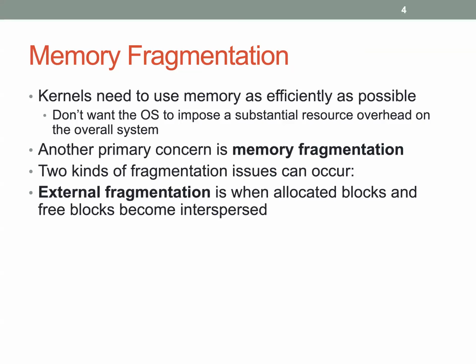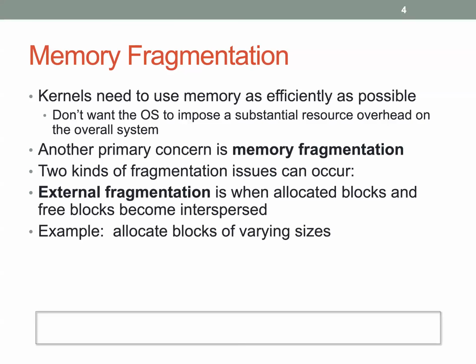So you get allocated and free blocks that become interspersed, and perhaps especially in a language like C or C++, you can have pointers into the middle of blocks. You can have blocks pointing to blocks, and so that makes it so that you can't just slide blocks around. You can't coalesce the free memory to one region, because that would mangle data structures. And so external fragmentation is a very serious issue.